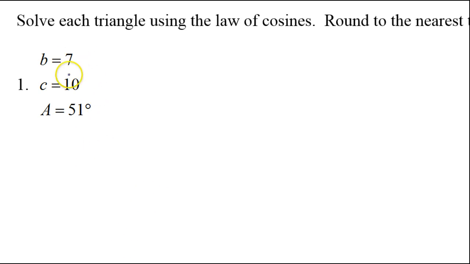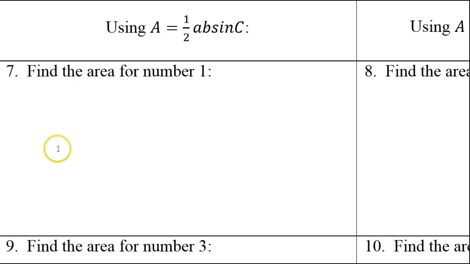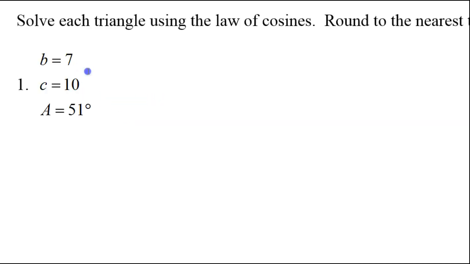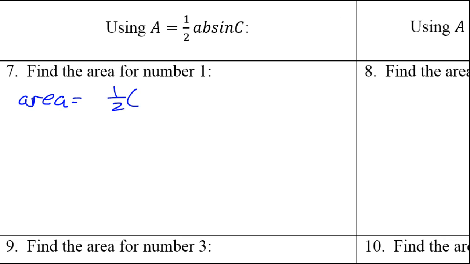So here we are given two sides and the included angle, so we should be able to use this formula. So the area should be one half the product of the two sides, so 1/2 times 7 times 10 times the sine of the included angle, so times the sine of 51.